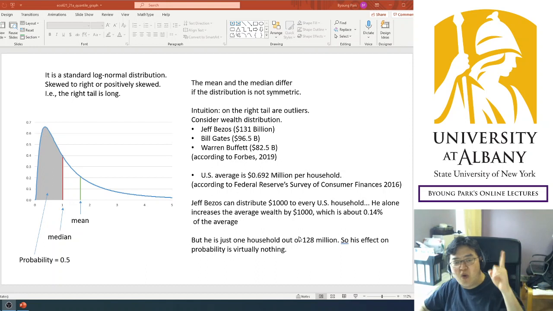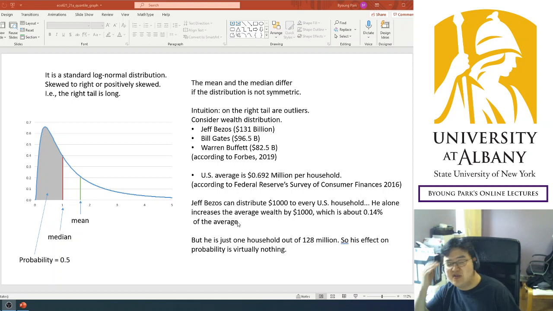But in terms of income and assets, he is one out of 1,000. He is taking care of a lot of this mean. His effect on the average is more than 0.1%, but in probability he counts as 1 out of 100 million. So his effect on probability is nearly nothing.